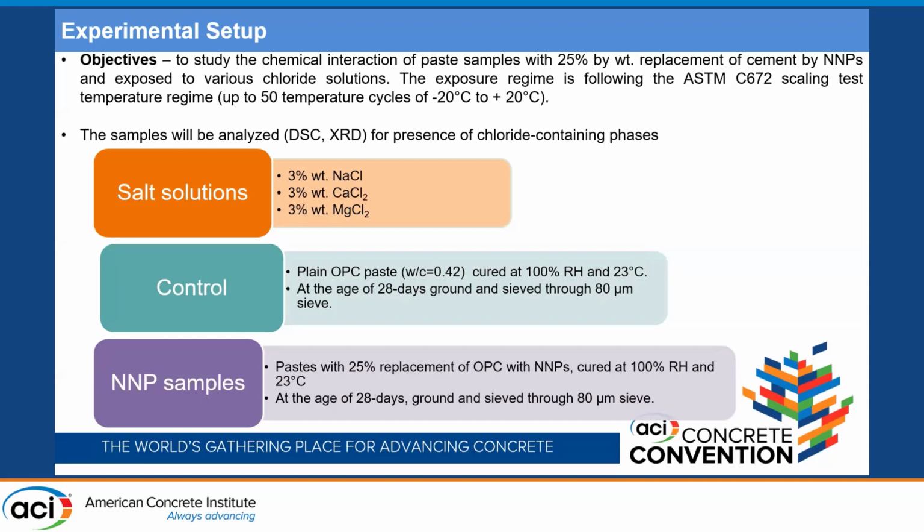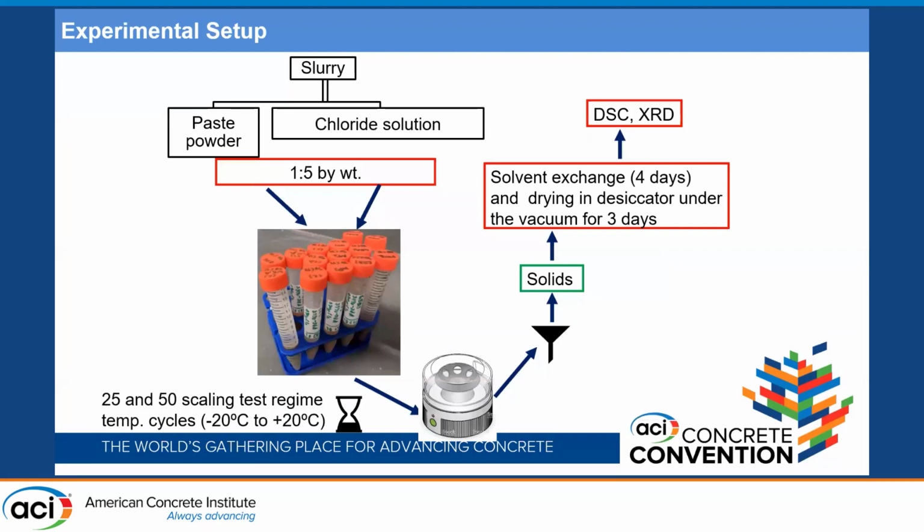Then they were vacuum dried. After that, all those paste samples were pulverized and sieved through an 80 micron sieve, and now they are ready to be exposed to the chloride solutions. Then we made a slurry of that pulverized paste powder with the chloride solutions, and sealed them in centrifuge tubes.